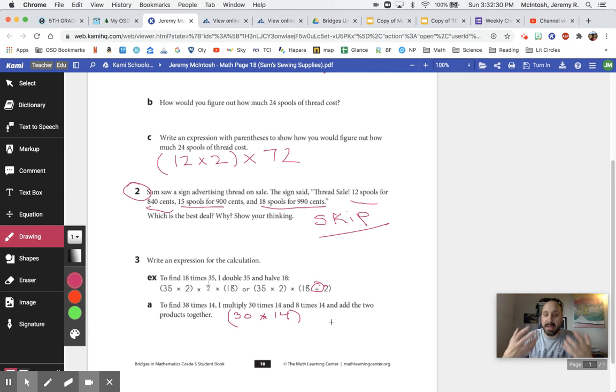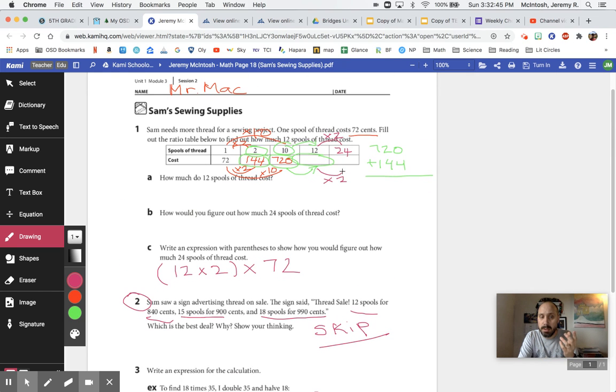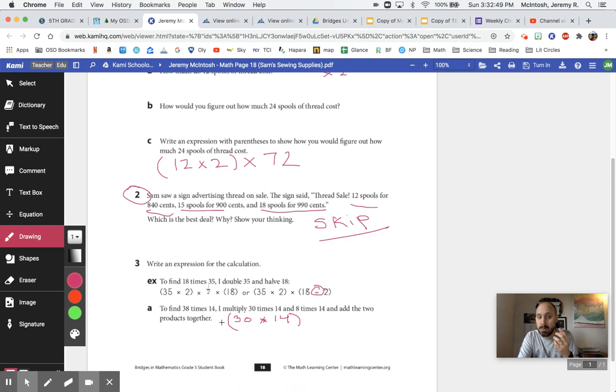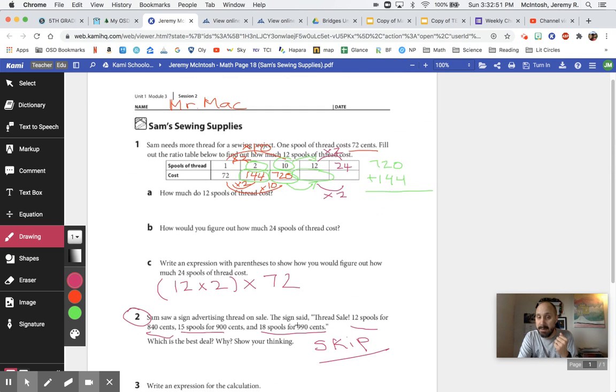I want to hear your thinking. You do not need to send a picture of your assignment. If you did it on Kami like Mr. Mack did, you could submit your Kami and explain it, please. But I just want a video of how you solve the problem. Either number 1, which would be A, B, and C with your ratio table, or number 3. Okay? Good luck with that.